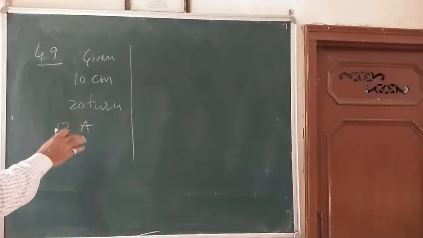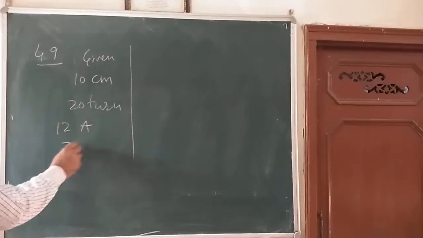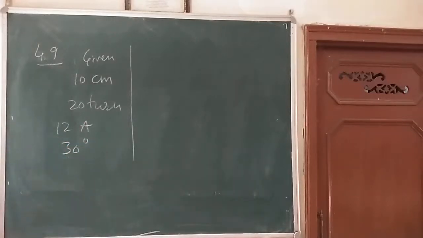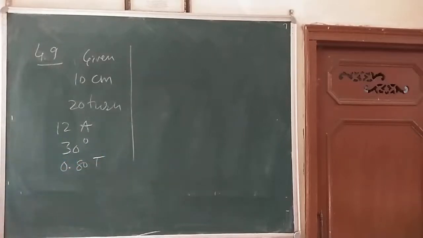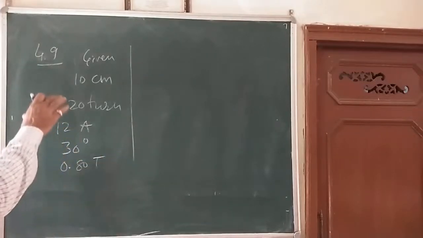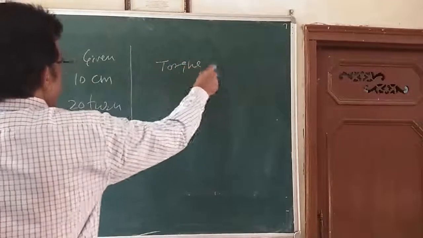The coil is suspended vertically and the normal to the plane of the coil makes an angle of 30 degree with the direction of a uniform horizontal magnetic field of magnitude 0.80 Tesla. Then what is the magnitude of the torque? ये हमारे से टॉर्क पूछ रहा है.